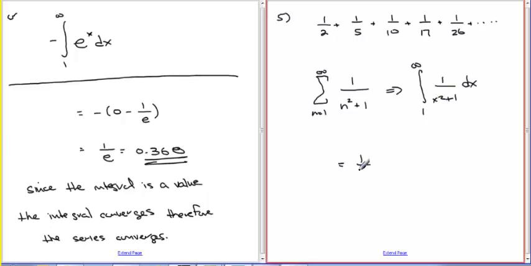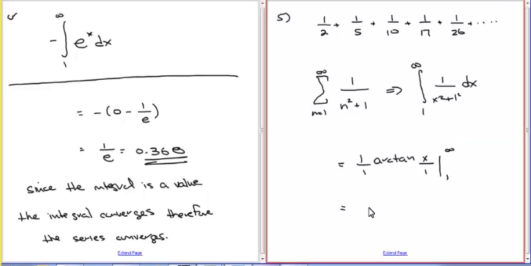A is 1 in this case, because I have 1 squared, really. So 1 over 1, the arctangent of x over a. Again, a is 1. If this was x squared plus 3, we'd be divided by 3 here. And then we integrate between 1 and infinity.